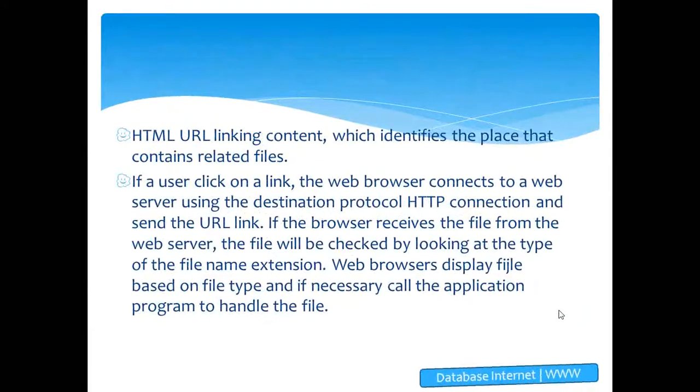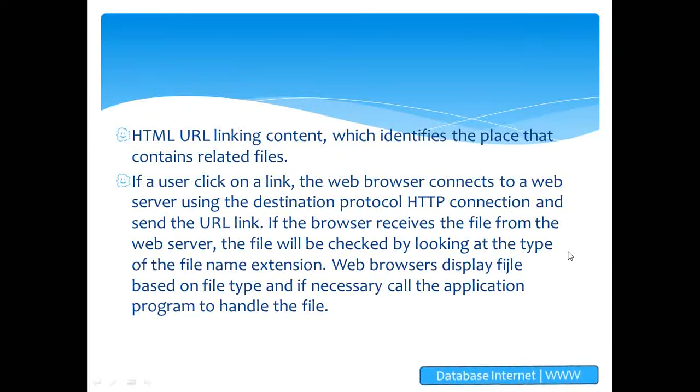An HTML URL link identifies the place that contains a related file. If a user clicks on a link, the web browser connects to a web server using the HTTP protocol and sends the URL. If the browser receives the file from the web server, the file type is checked by looking at the file name extension.